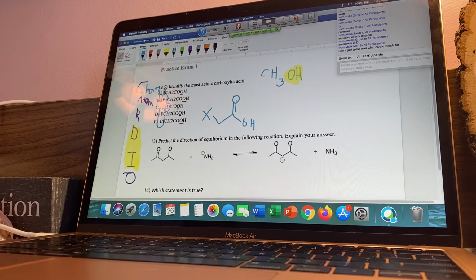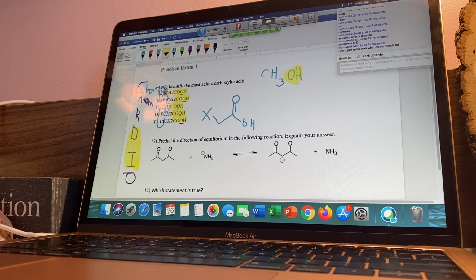R is resonance. Remember, resonance is this whole thing. If you have the resonance being the same, all of these have resonance. You see that? They all have that C double-bonded O, OH. So resonance is the same.